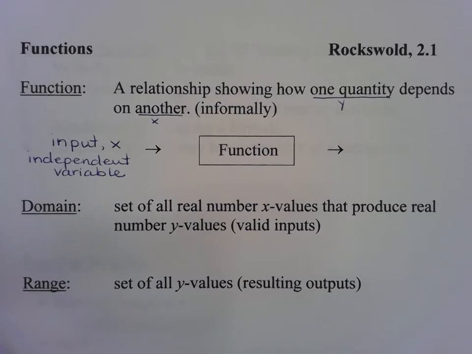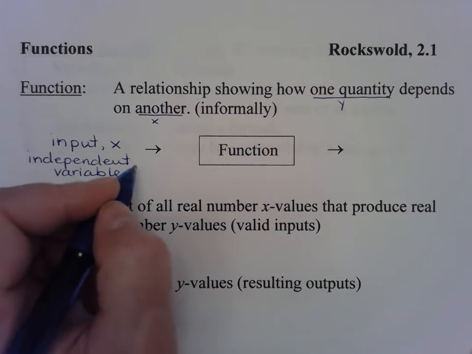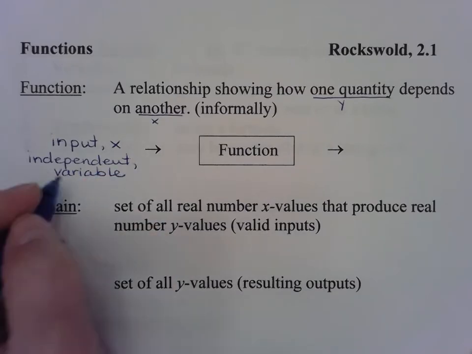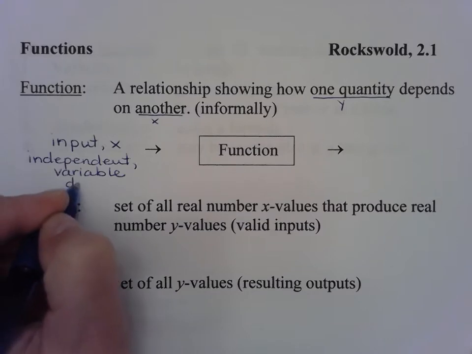We can choose it. We don't have total freedom, but we have quite a lot of freedom. We can decide, I want to look at X equals 2, or I want to look at the year 2006. I can choose that. If I put the set of all X's together in one big group, we're going to get to that in just a second, but it's called the domain.